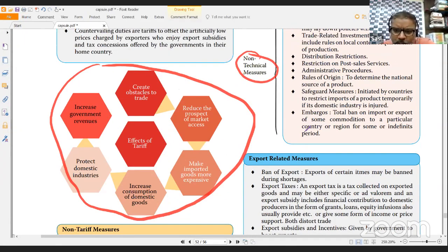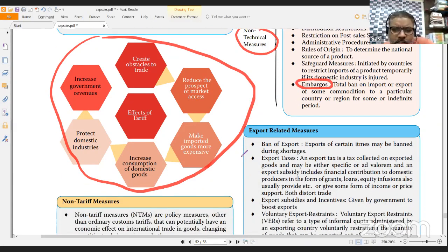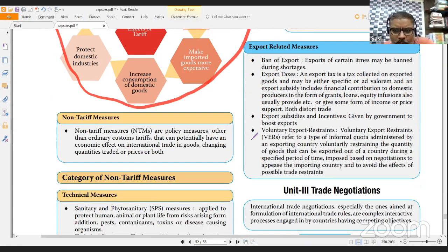And some internationally famous words everybody should be aware of. Embargo. Embargo means a total ban on the import or export of some commodity to a particular country or region for some period or an indefinite period. For example, North Korea is under embargo now. Iran is under embargo now from America.